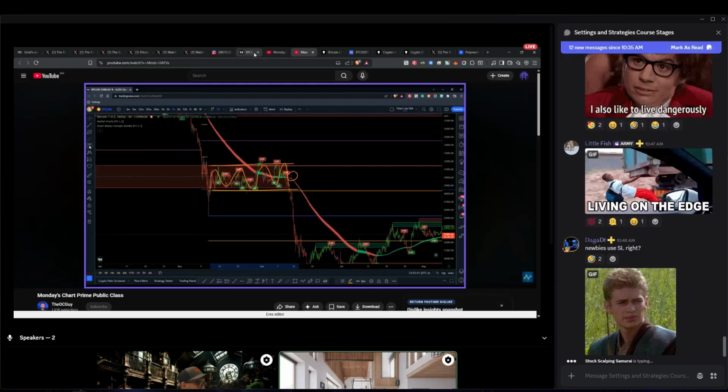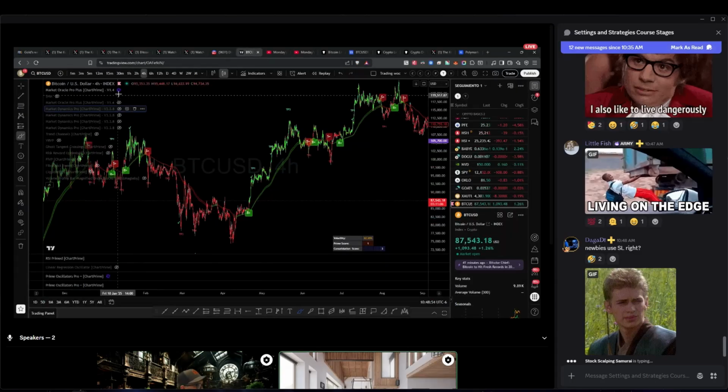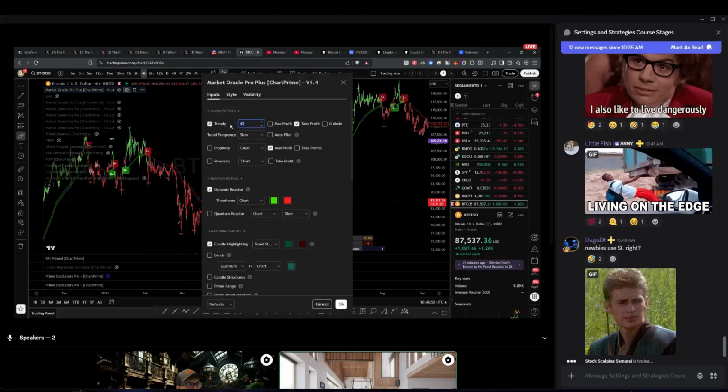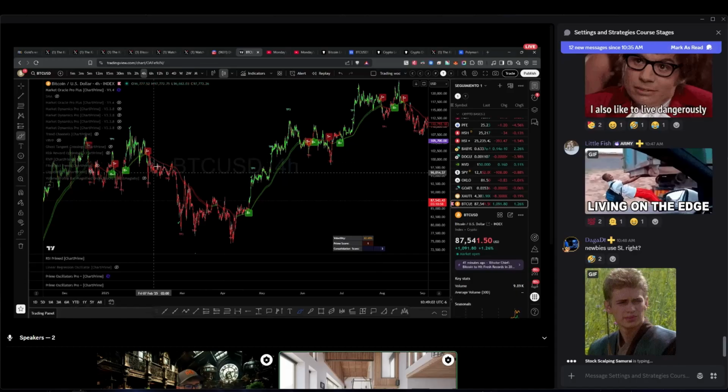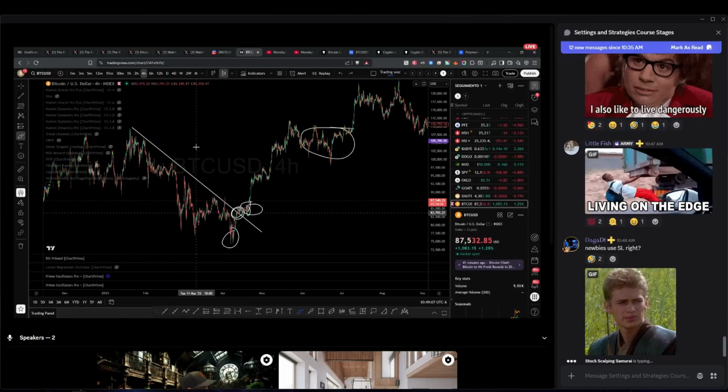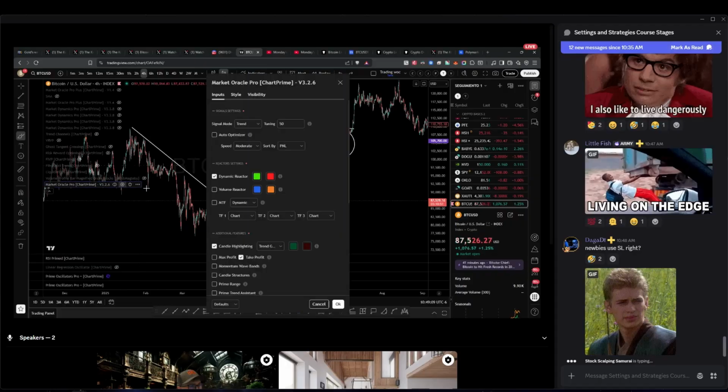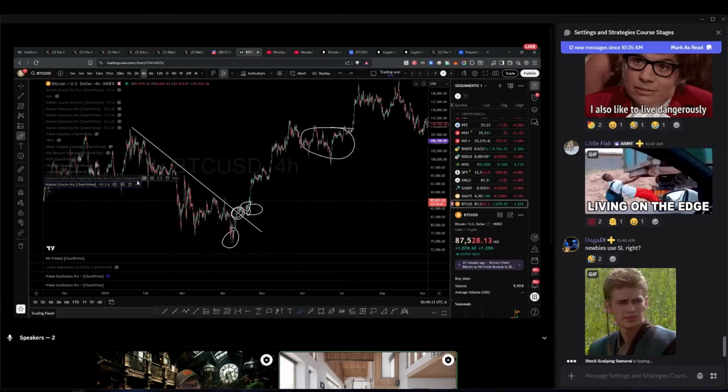You just need to adjust your sensitivity, which is called either trendy, or what was the other one? I just removed it. Let me see if I can re-add it. Either trendy or tuning, whatever it is. So that is basically it. And then everything else is still the same.